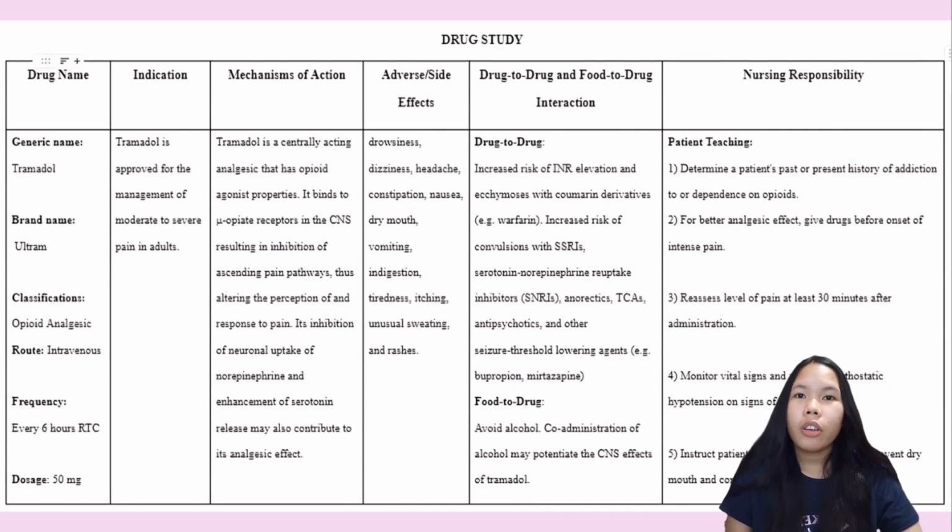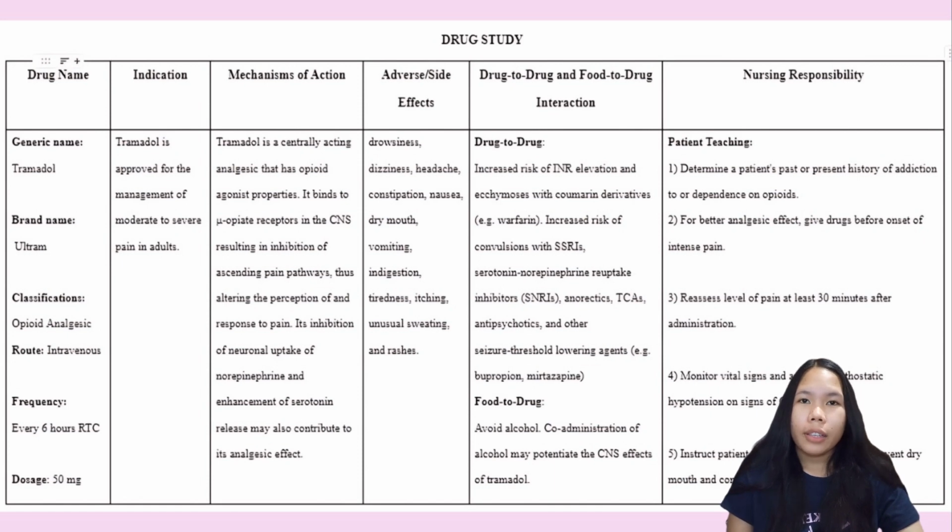It binds to mu-opiate receptors in the CNS, resulting in inhibition of ascending pain pathways, thus altering the perception of and response to pain. Its inhibition of neuronal uptake of norepinephrine and enhancement of serotonin release may also contribute to its analgesic effect.